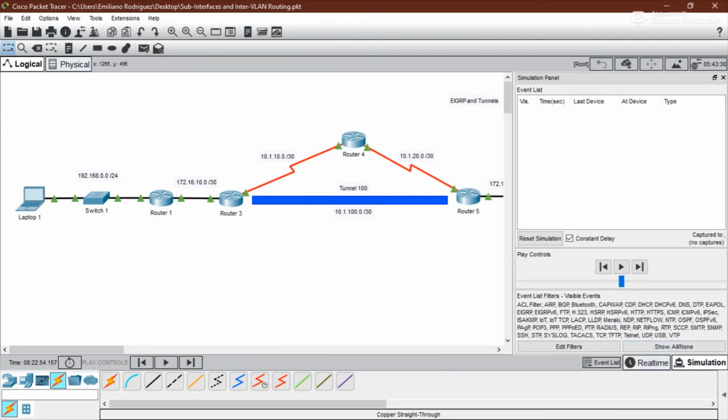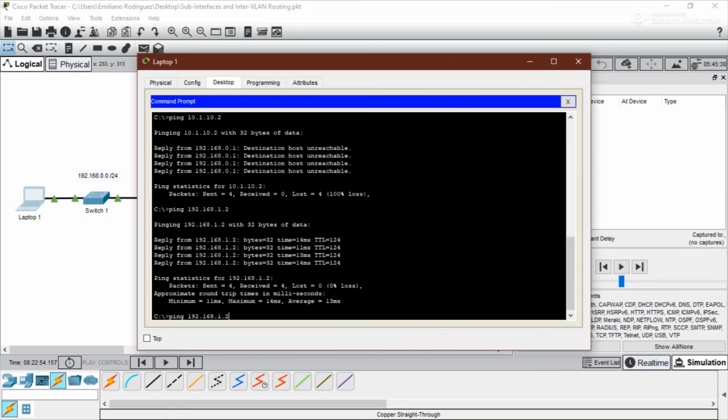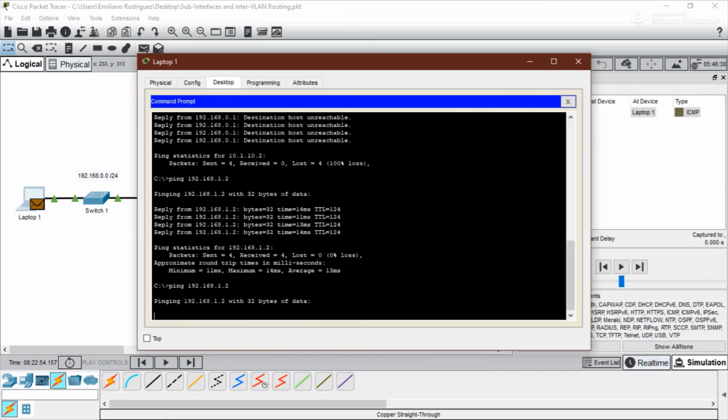To see this in simulation, we will send another packet.